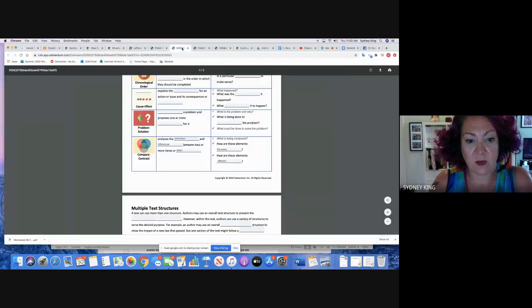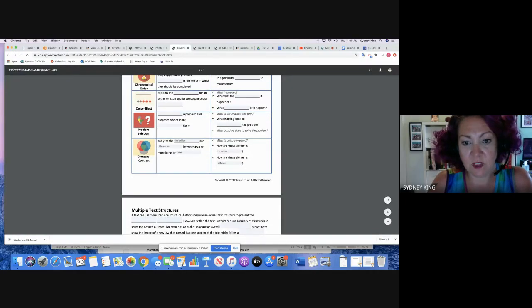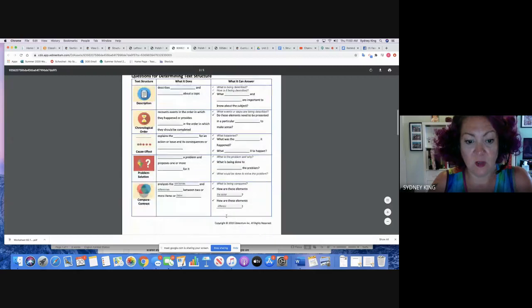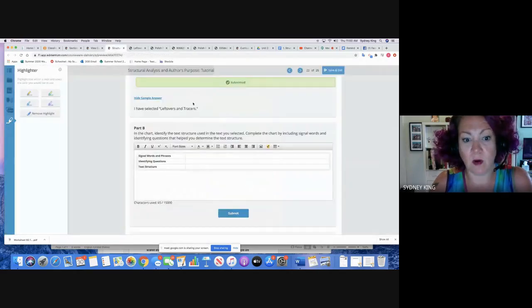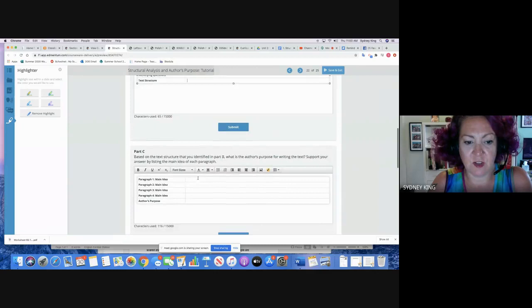And remember, when I was over here, these are the signal words and questions, right? So if you've done the notes on all of this, you'll be able to easily determine which text structure it is because you'll have done that work already. And then those questions go here, right? And then you'll identify the text structure that way.